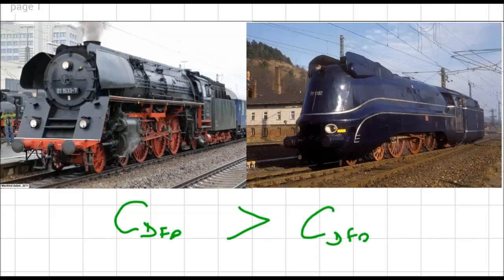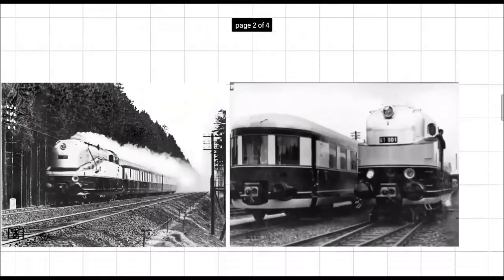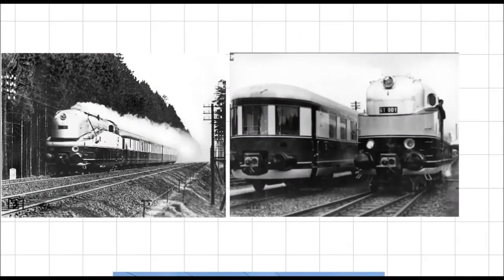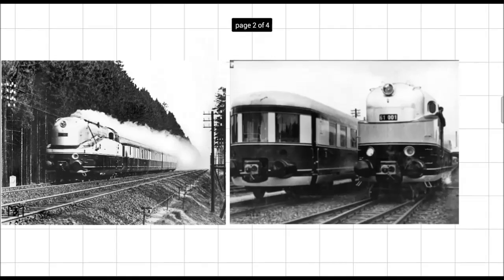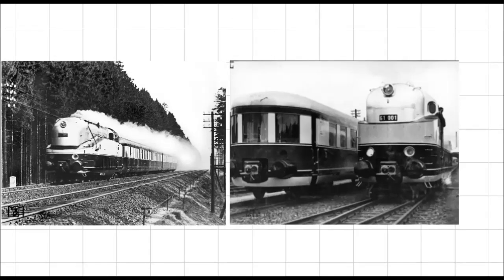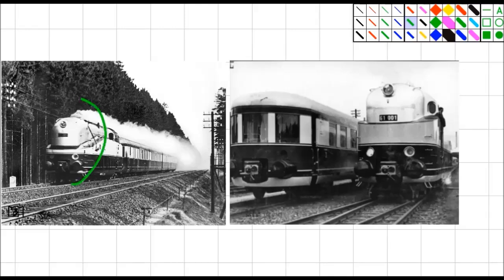If you continue and look into this object here, then we can see another of those streamlined locomotives. The Germans were very famous for those. And what you see is that it's not only the frontal part of the locomotive which is streamlined, and not only the sides, but it is the rear part of the whole train.